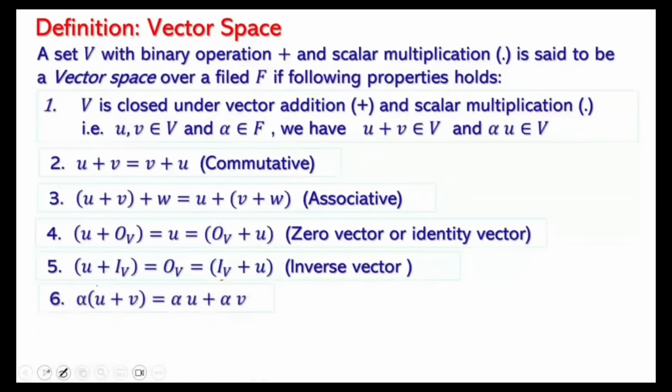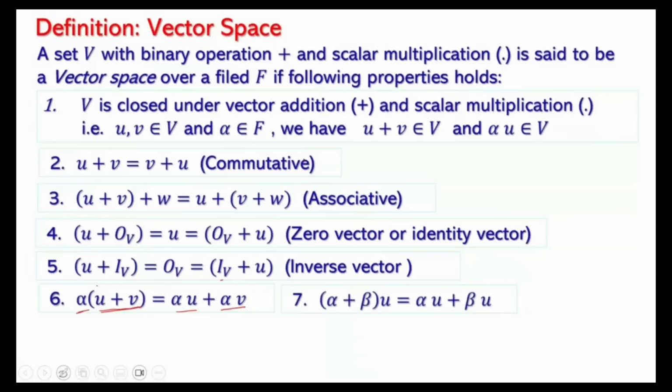Okay, let's have the remaining properties. Property 6 is that the addition with scalar multiplication is distributive. So alpha times u plus v will be alpha u plus alpha v.